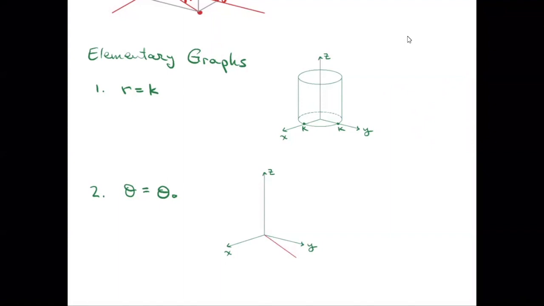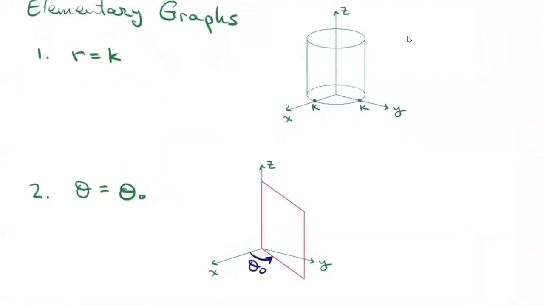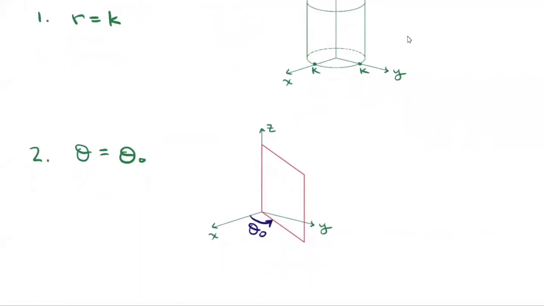A copy of it. Put it up here. Okay, and then my angle here coming up from the x-axis is my theta naught angle. Like that. So that's a plane, a vertical plane.